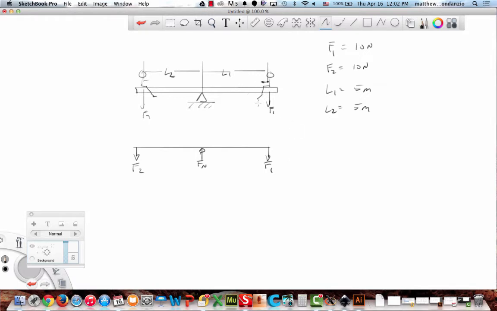Now, remember, F1, the force 1, is trying to twist the seesaw this way, creating torque 1. And force 2 is trying to twist the seesaw this way, creating torque 2, right? And it's balanced when the torques are equal and opposite, right?